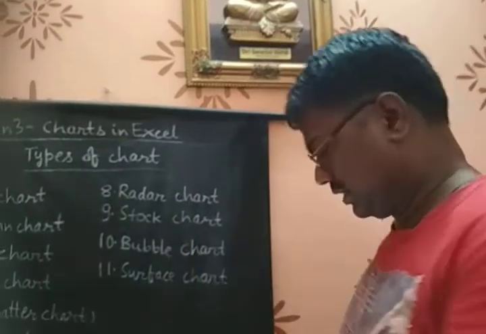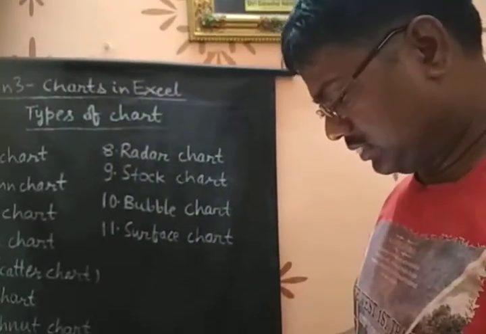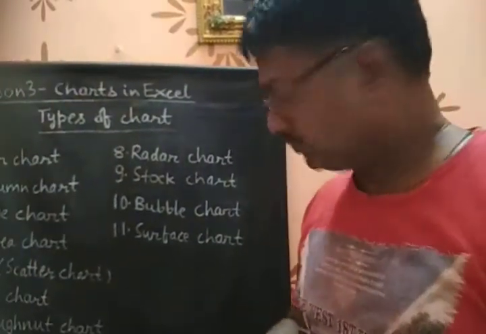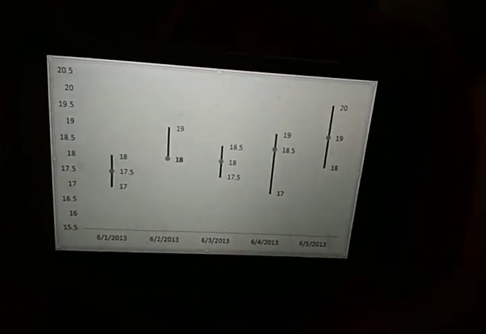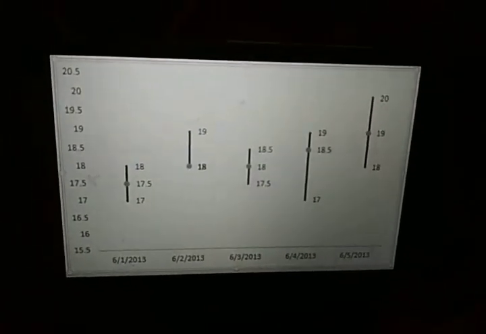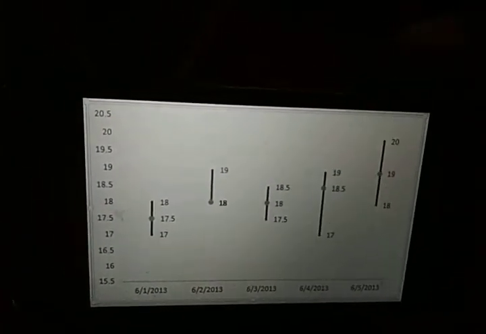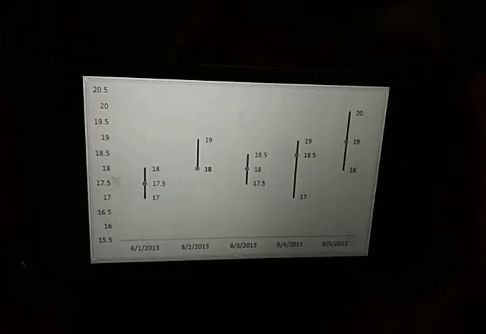Next is stock chart. So this is the diagram for stock chart. So this is a special type of chart which is used to represent the different stocks or shares or daily or annual temperature.